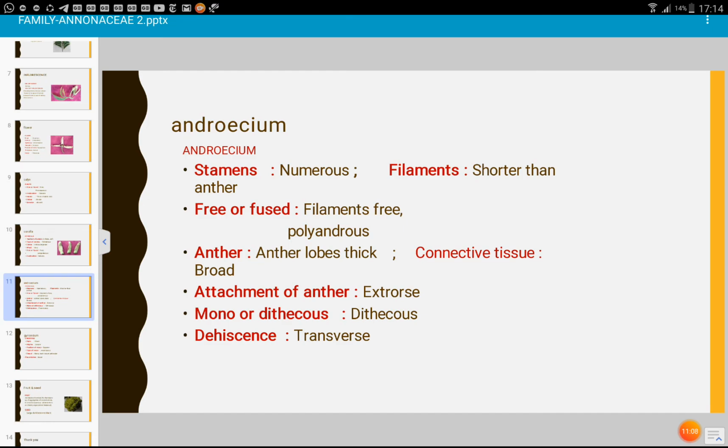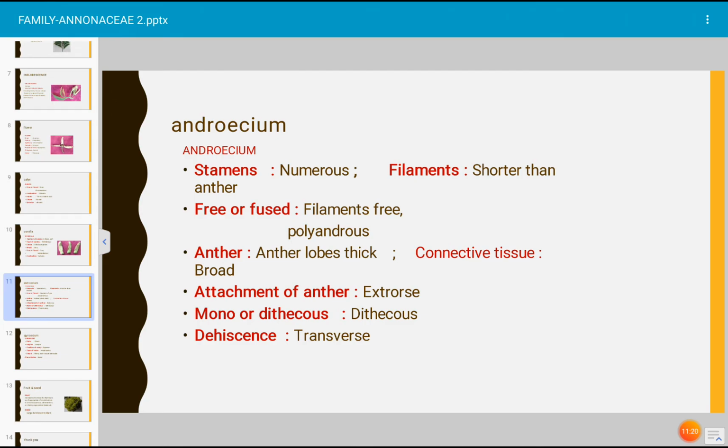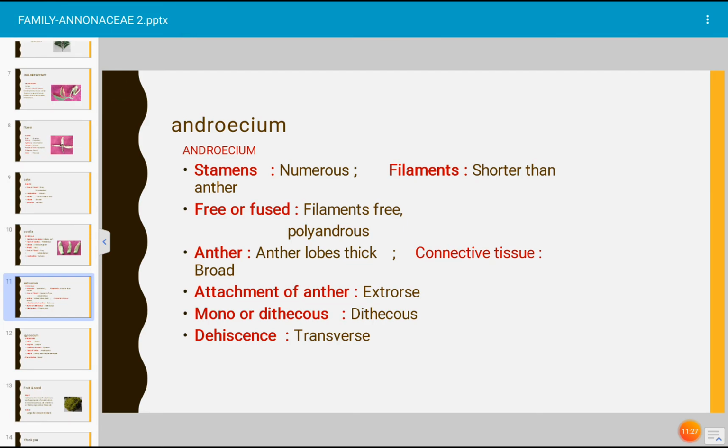Filament and anther together are known as stamen, and stamens are many in Annona squamosa. How is the filament? Filament is shorter than the anther. It is again a characteristic feature of Annona, as filaments are shorter than the anther. And the filaments are free. They are not united. Therefore, such condition is described as polyandrous condition.